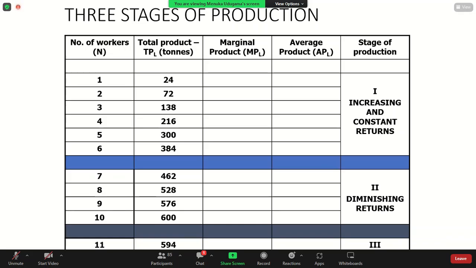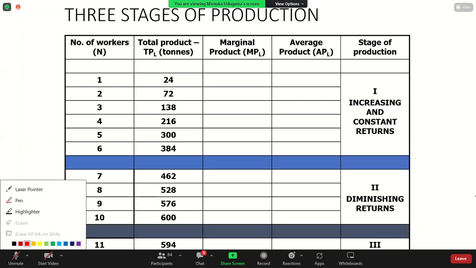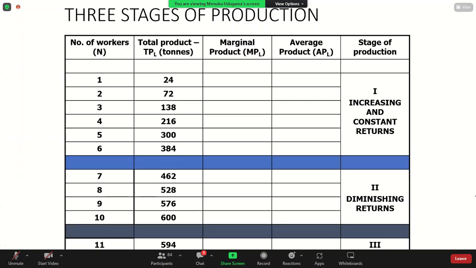That's the input, isn't it? Input or factor, because of the factor-product relationship. Workers would be your input.